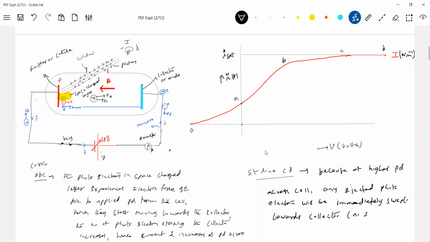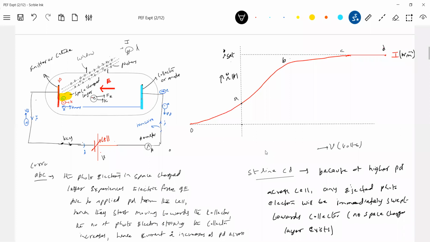No space charge layer exists now. The photoelectrons are not permitted to form a space charge layer. So any ejected photoelectron will be immediately swept towards the collector.